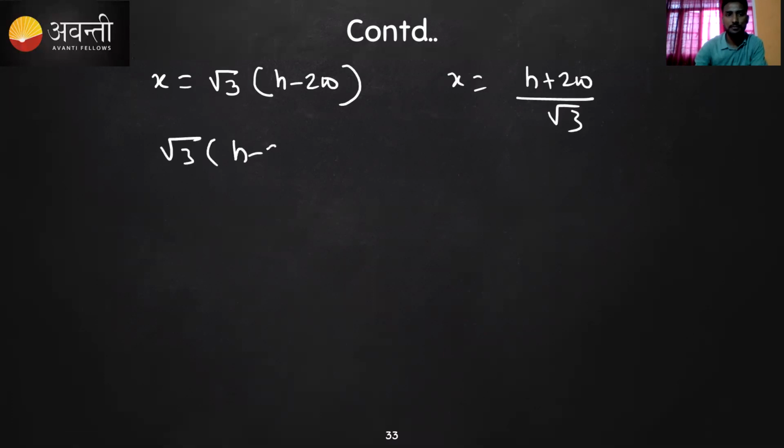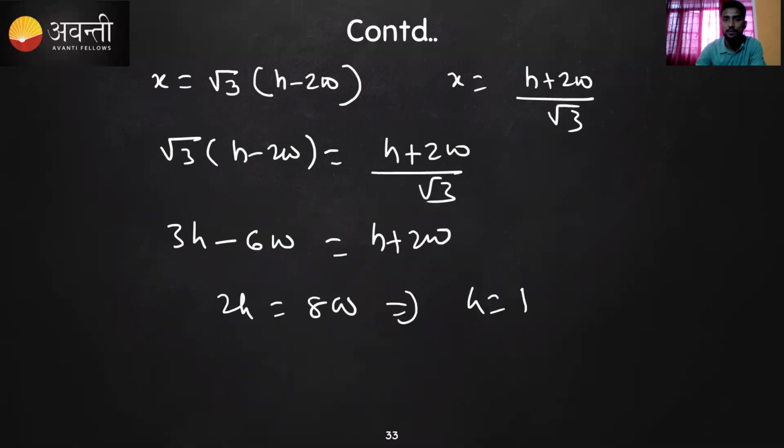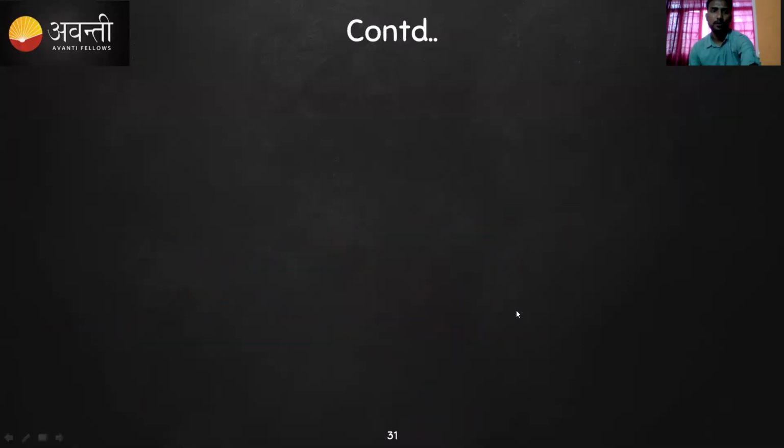Compare both these things. What you will get? You will get 3h minus 600 is equal to h plus 200. So from here, 2h will be 800. So h will be 400. Okay, guys.